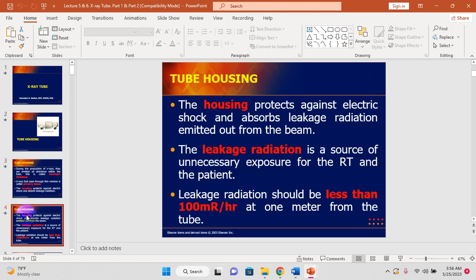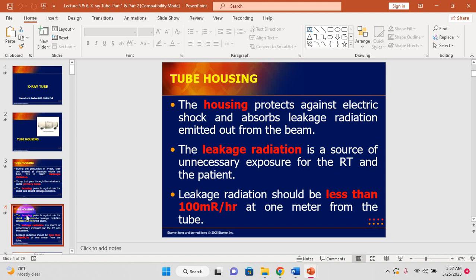Also, the housing protects against electric shock and absorbs leakage radiation emitted out from the beam. Leakage radiation is harmful for both the patient and the radiologic technologist, as it can contribute to unnecessary radiation dose, which is also harmful for the body.